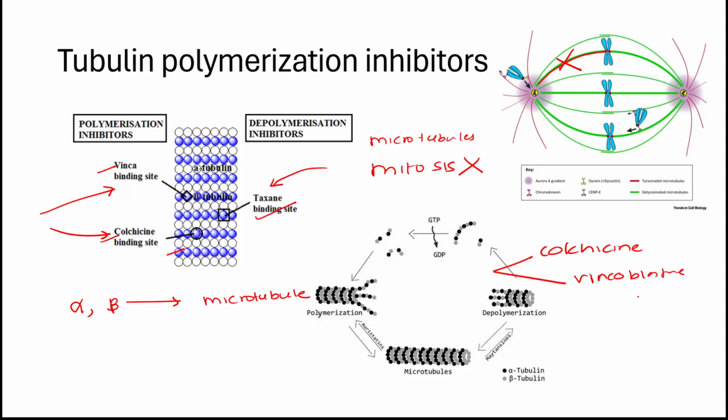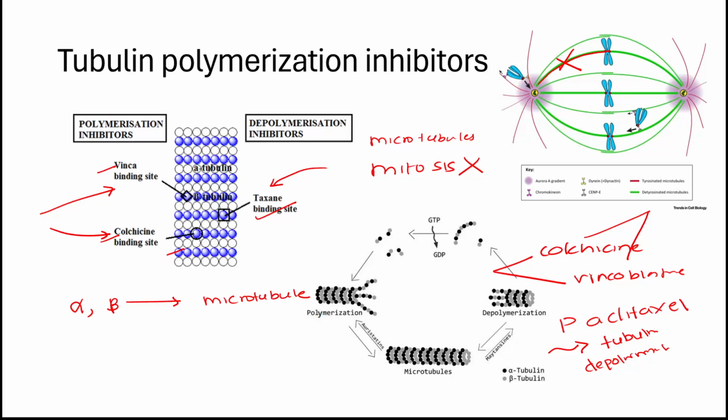In addition to this, there is also another drug known as paclitaxel, which binds the taxane binding site. These are tubulin depolymerization inhibitors, whereas colchicine and vincristine are polymerization inhibitors.